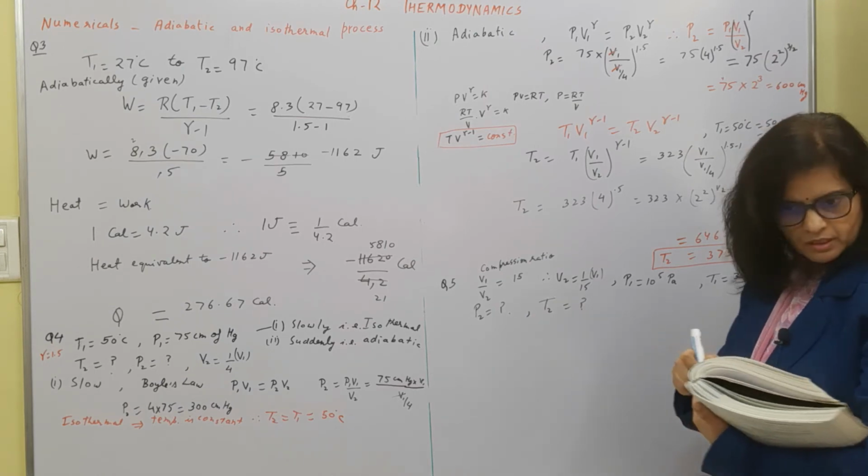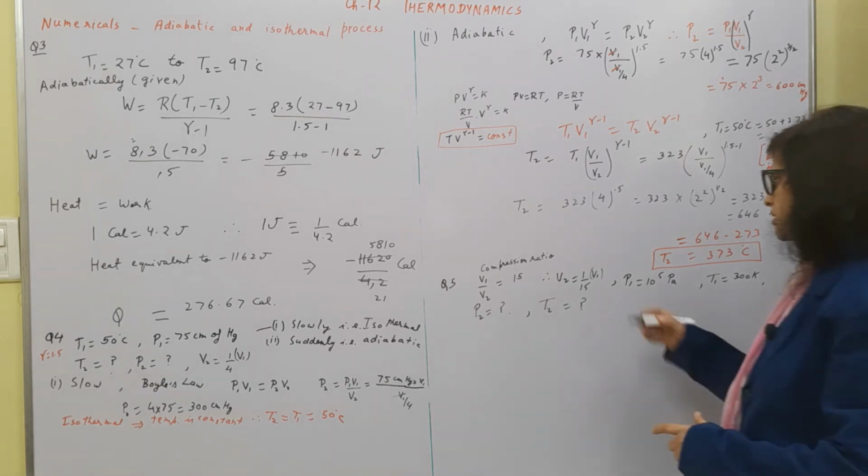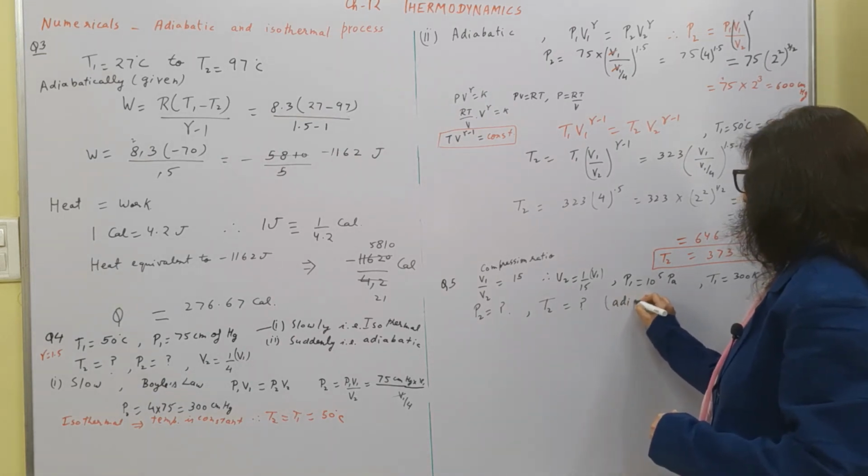Now here one thing is to be kept in mind. If they are saying that the final temperature after compression is to be calculated, then that means it is an adiabatic process, right?